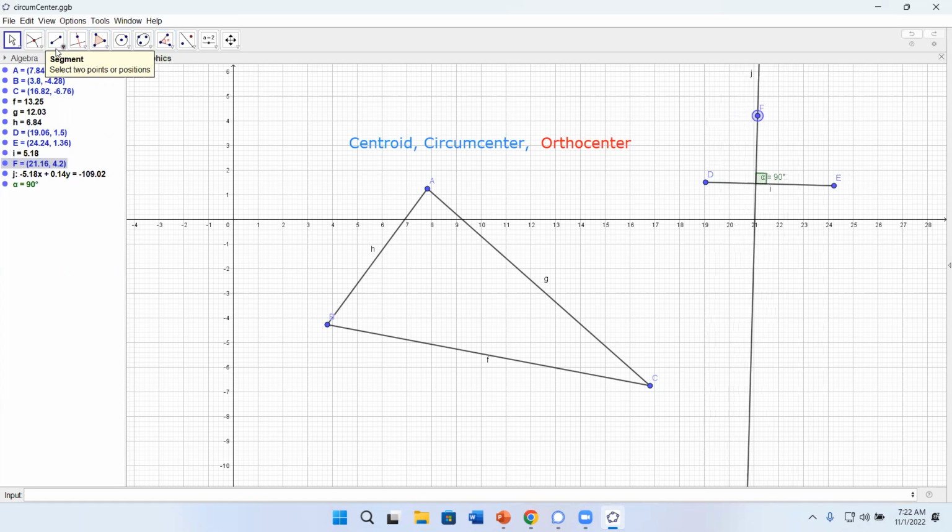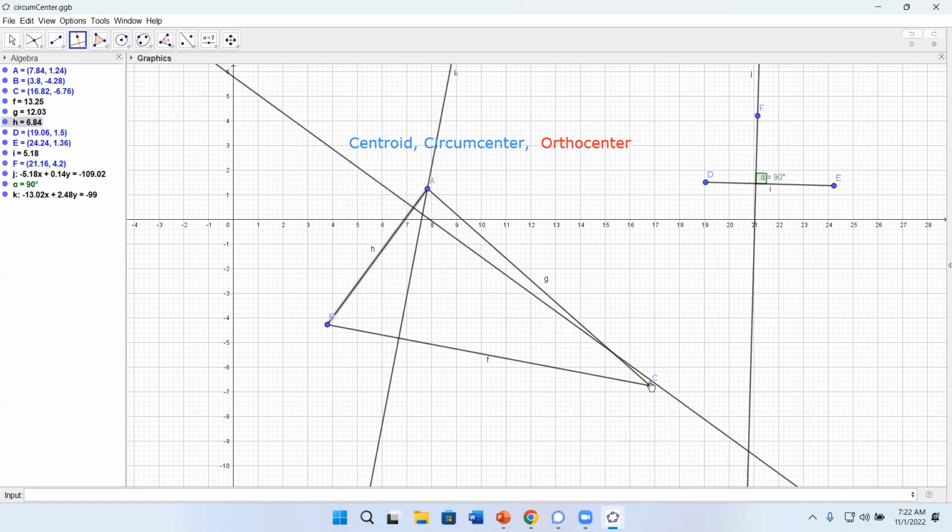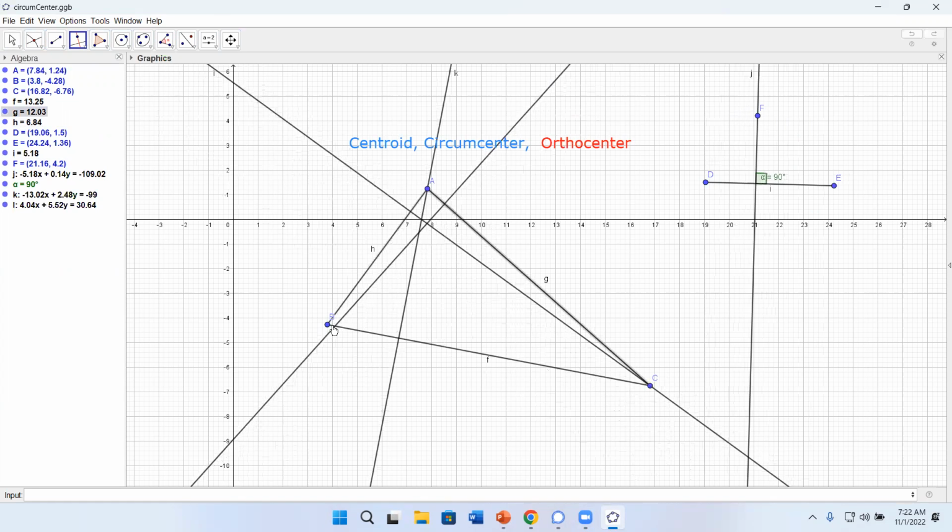That's what a perpendicular is. So if I draw the perpendicular line passing through A, if I draw the perpendicular to this line passing through C, and if I draw the perpendicular to this line passing through B, then they all also intersect as a single point.